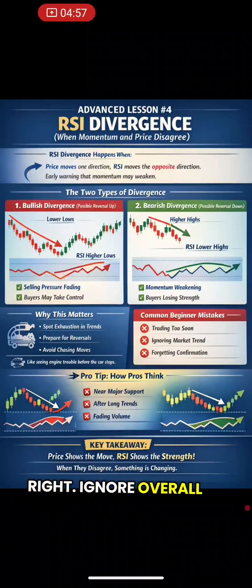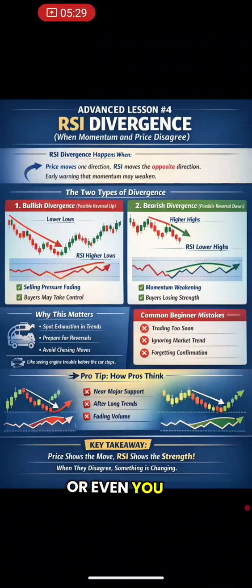Ignoring overall market trend. Forgetting confirmation. Always have confirmation, right? Divergence is a warning, not a guaranteed reversal, right? So this is just a warning sign to let you know, but you've got to go look at the chart and see the spinning tops at the top, or see the wicks coming out showing resistance to the price at the top, right?